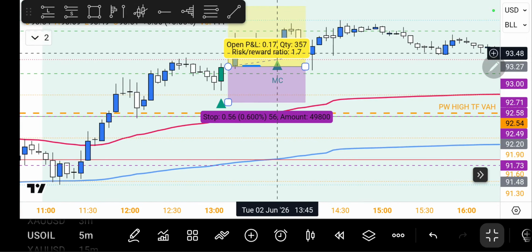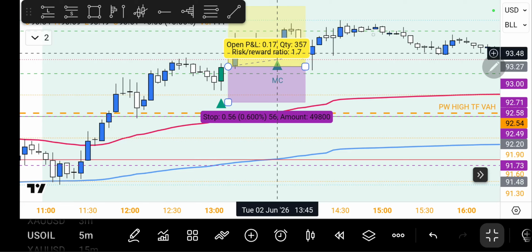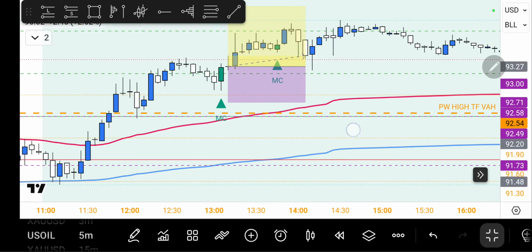It's called the MC. So this is just a simple MC which I got on the line. Note I only take trades that come up on this line. If it happens in a free space, I don't take it. It has to happen on any of this line, either the breakout lines to the downside or breakout line to the upside. If that's not clear, watch my last video.